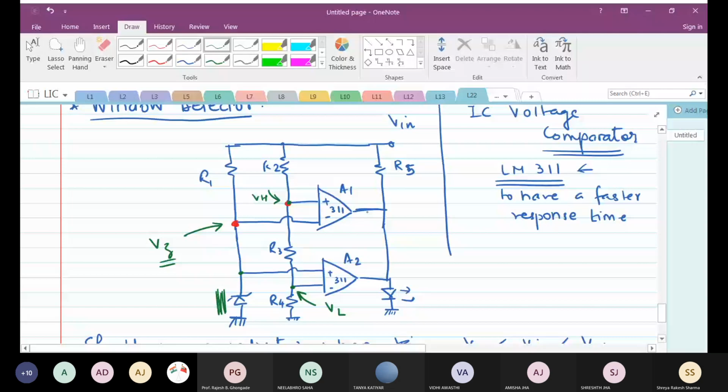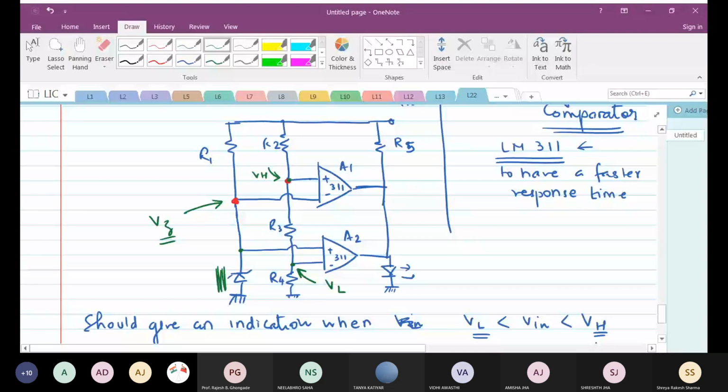Inverting is higher, non-inverting is higher, so output will be plus Vsat. Okay, so Vout will be plus Vsat.